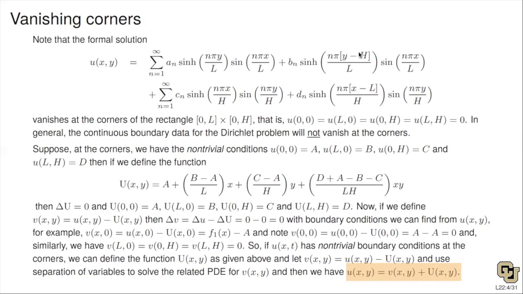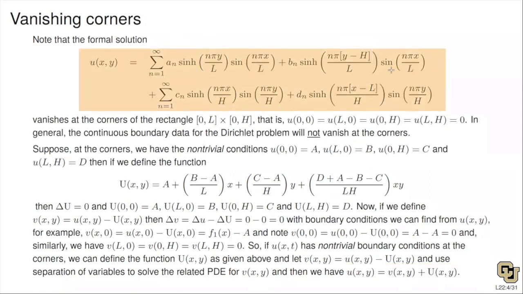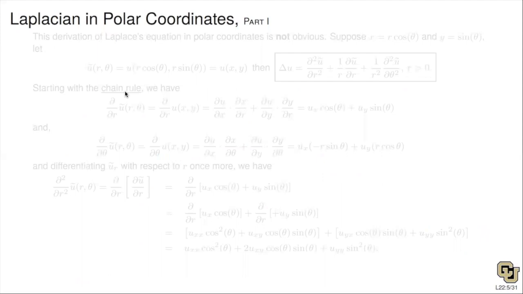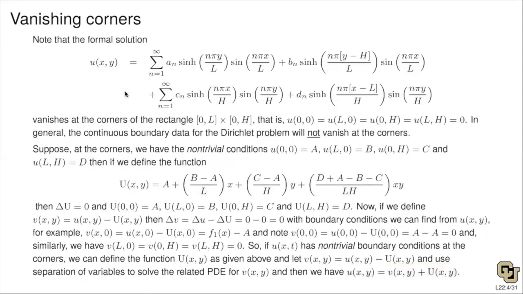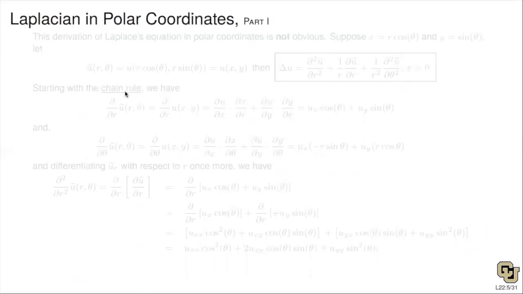It's just a cheap technical fix using the linearity. So I'll let you look at that and think about that. But as I said, don't worry about it too much. Here, we're going to mainly focus on solving the Laplacian. I'm not too worried about these little details. So that concludes our discussion of the Laplacian in terms of Cartesian coordinates.